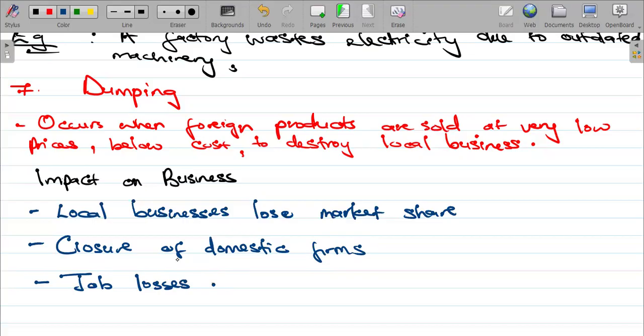Right. For example, cheap imported clothing forces local manufacturing out of business.